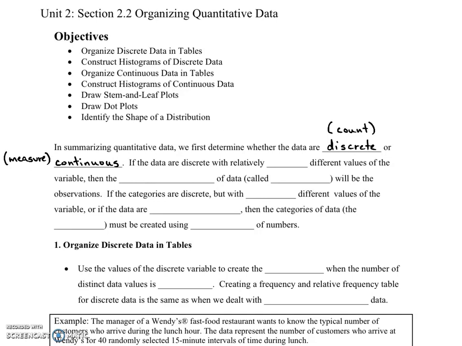So if the data are discrete with relatively few different values of the variable, then the categories of the data, which we call classes, will be each individual observation.